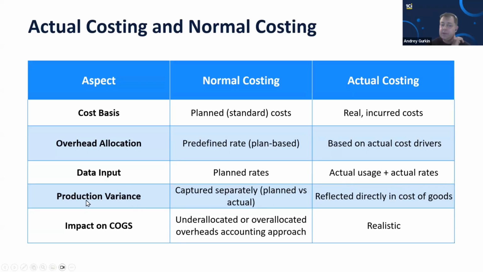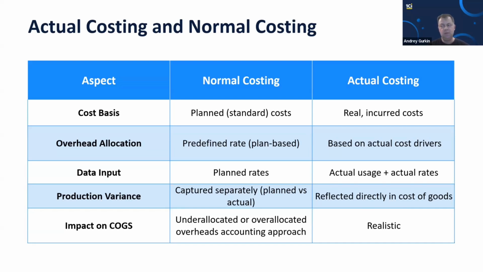Production variances are captured separately for the normal costing, but for the actual costing, they're reflected directly in cost of goods. Again, one more difference here.